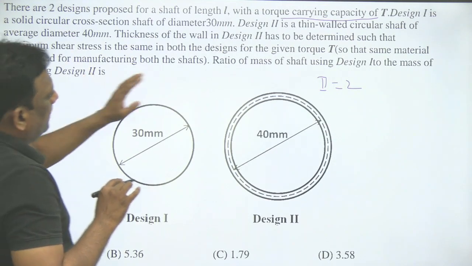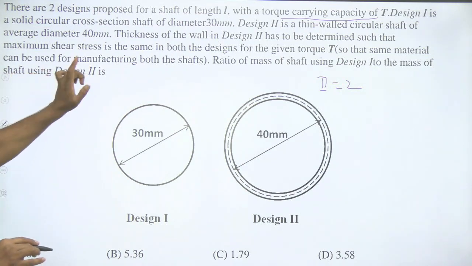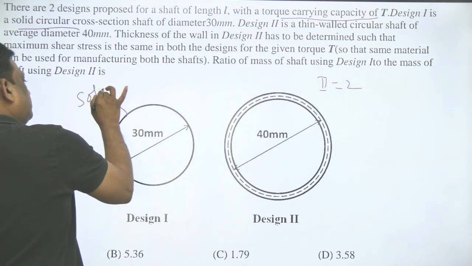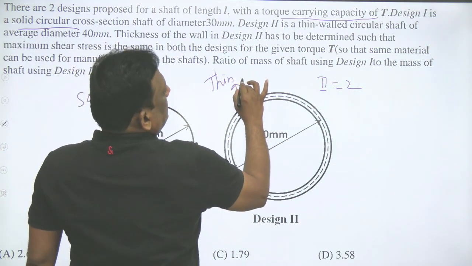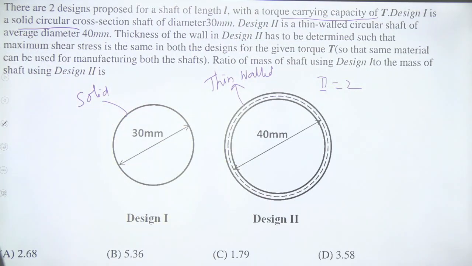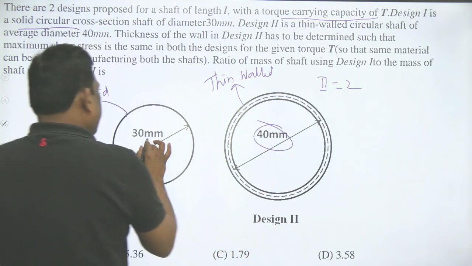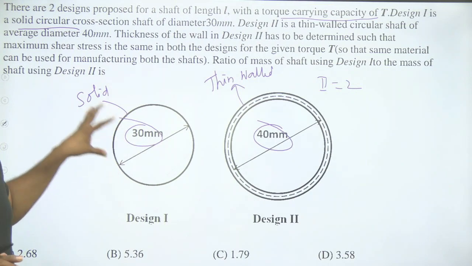Now, the first one is a solid shaft. Look carefully. The second one is a thin walled shaft. Its average diameter is 40, and the first one has a diameter of 30.